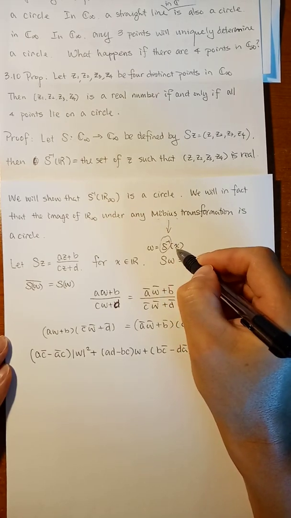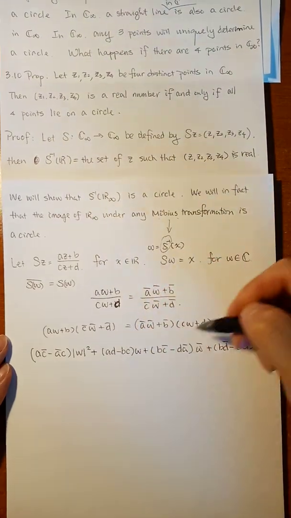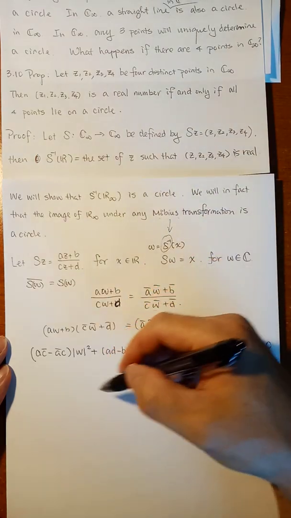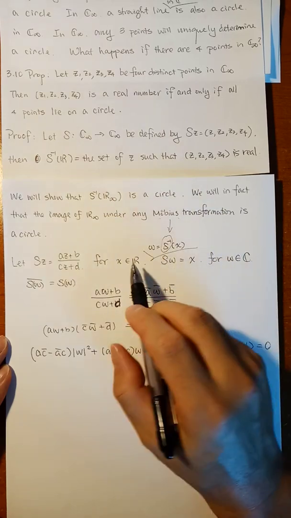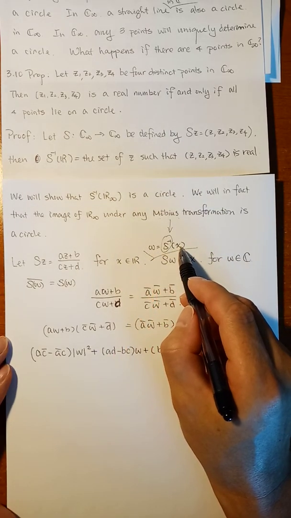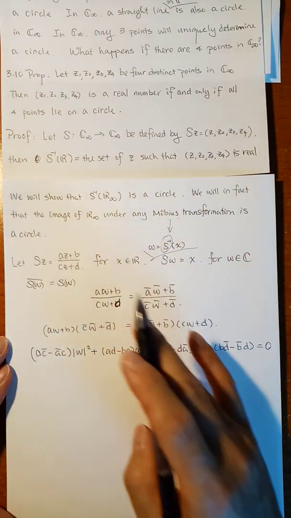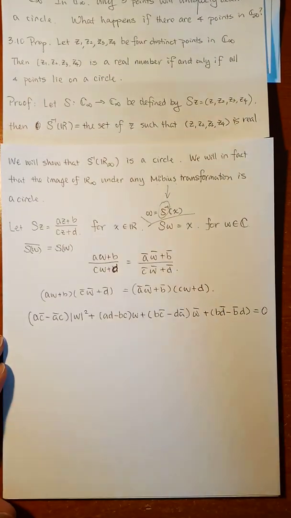We will prove W satisfies the property. I feel I didn't make this clear, so I added this part. We are going to show that W, the image of this real number under such a Mobius transformation, will be on a circle. On the circle, not in the circle, on the circle. Okay?